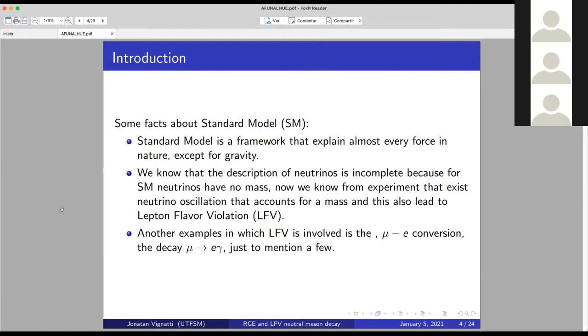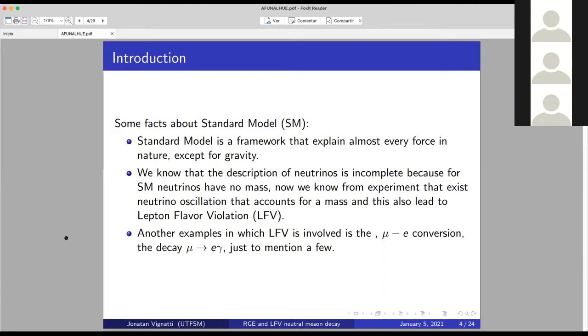We know from experiments that neutrinos have mass because it was observed that neutrinos oscillate, and this led to lepton-flavor violation for neutrinos. Other examples are mu-electron conversion in nuclei and the decay mu to electron gamma.